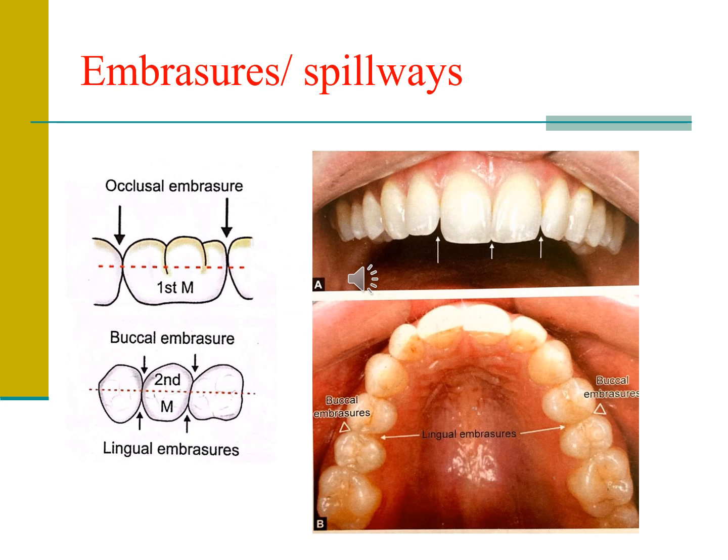The fifth aspect to talk about is what is called the embrasures. When two adjacent teeth of the same dental arch come in contact, we have curvatures adjacent to the contact areas, forming a V-shaped space, which is called an embrasure or a spillway space. Why is it called an embrasure?